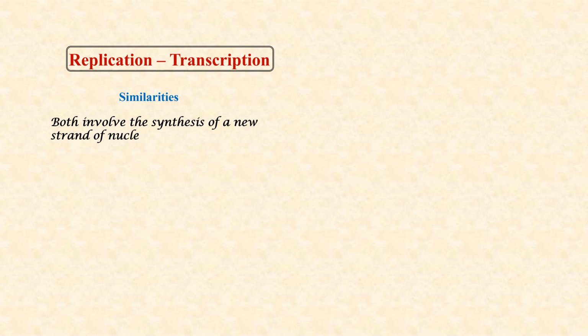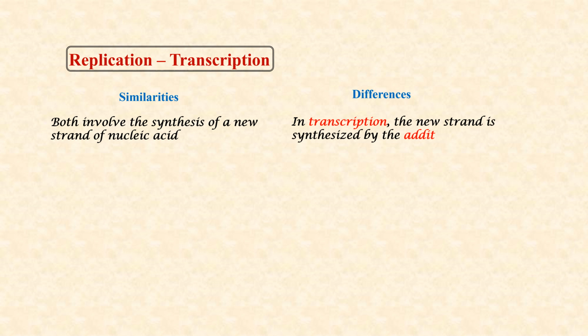There are some similarities as well as differences between replication and transcription. Both involve the synthesis of a new strand of nucleic acid. However, in transcription, the new strand synthesized is by the addition of ribonucleotides and not deoxyribonucleotides.